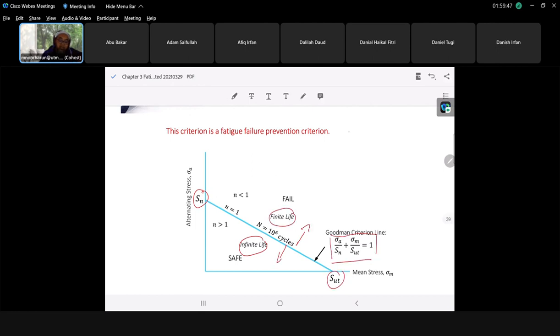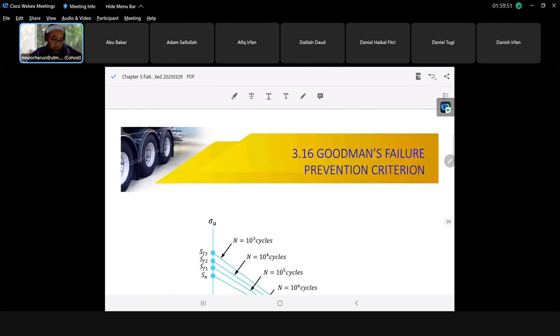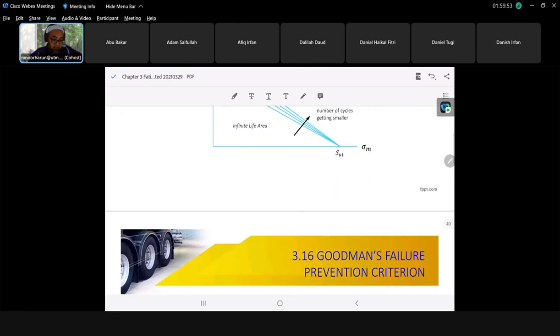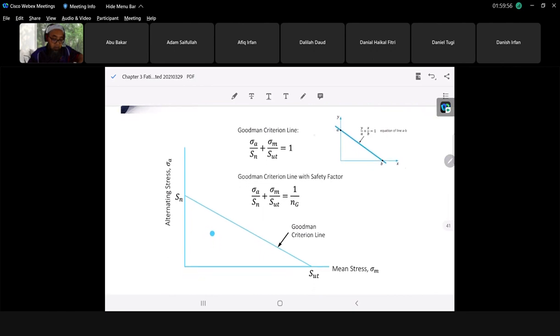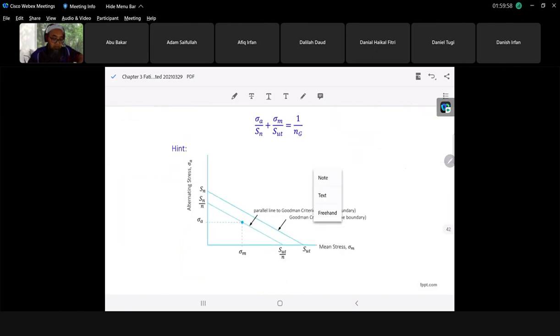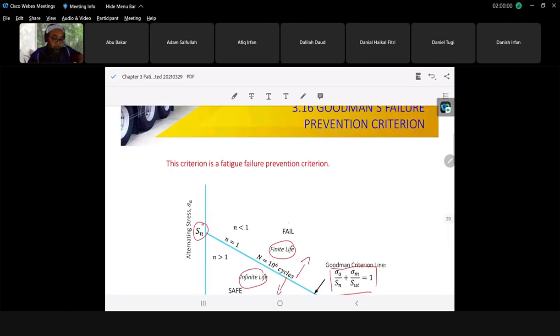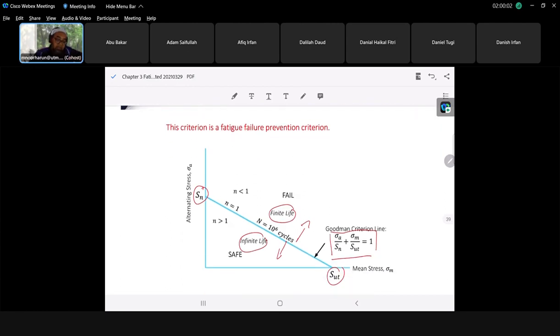For Langer, if we draw the Langer line, this is Sy, the yield strength. Let's say this is Sut, this is Sy, this is Sy.